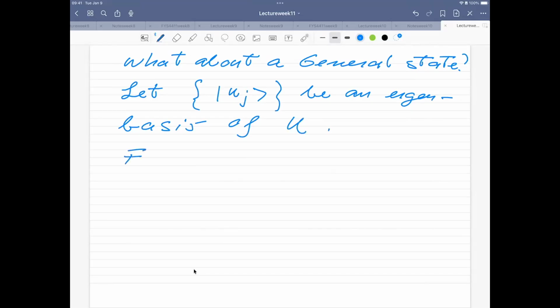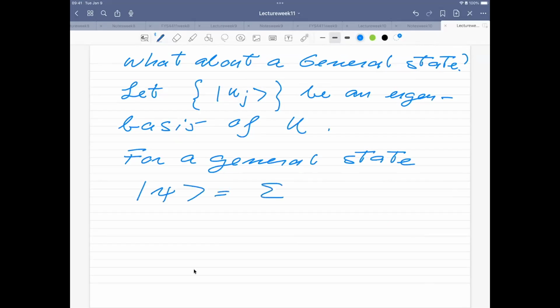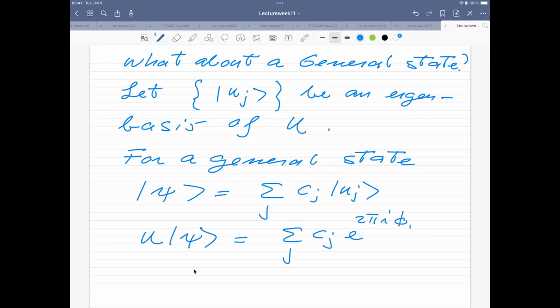That means for a general state, we are going to have a general state psi, which we can expand in terms of this basis of u_j's. So if I act with U on psi, this is the same as the sum over j of c_j, and these are eigenstates, and then e to the power of 2 pi i phi_j multiplied with u_j.